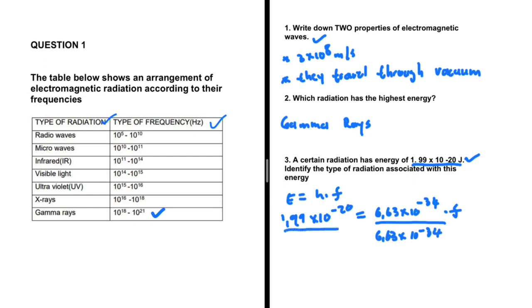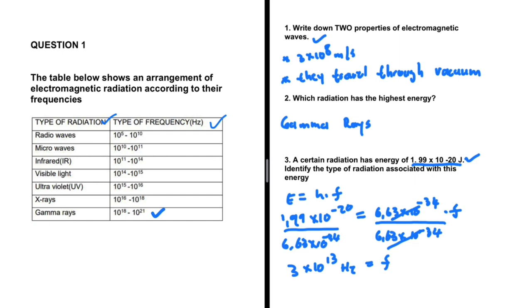Let's just go ahead and do that real quick. On the right hand side, it's easy to see that this will cancel out. And we're going to have the frequency equal to 1.99 times 10 to the minus 20 divided by 6.63 times 10 to the minus 34. That is 3 times 10 to the power 13 hertz, which is our frequency.